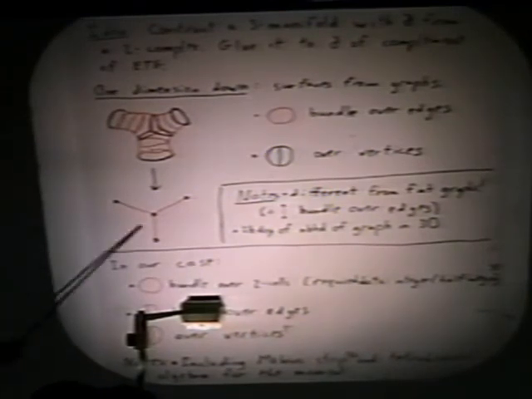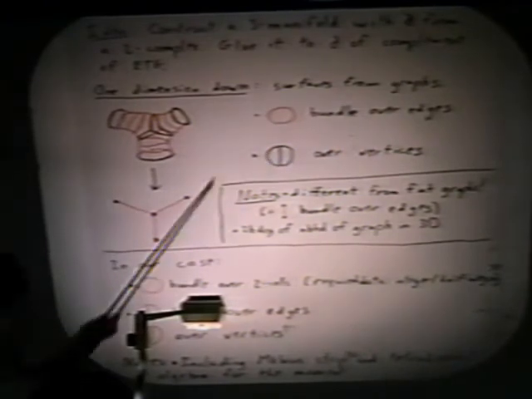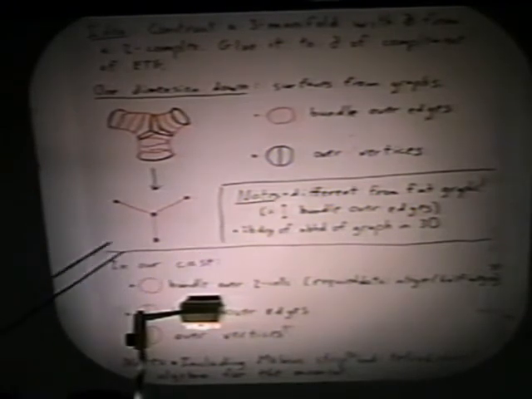So given any graph, we can construct a surface from it just by taking a little circle bundle over each edge and a little theta over each vertex. We should be careful: there are other ways to construct surfaces from graphs.